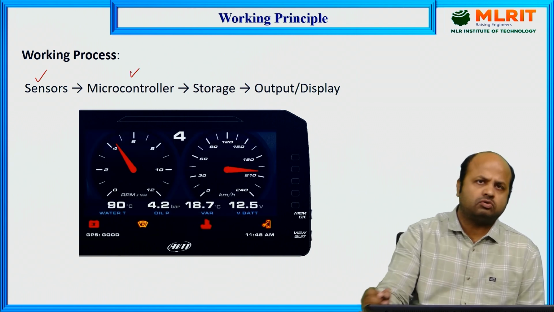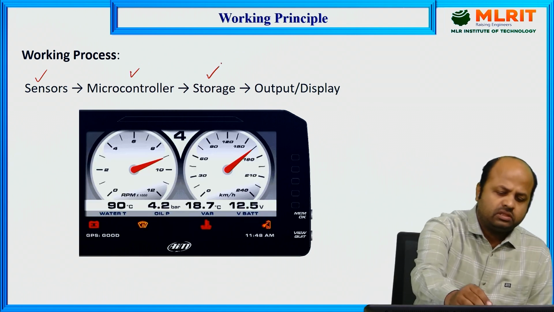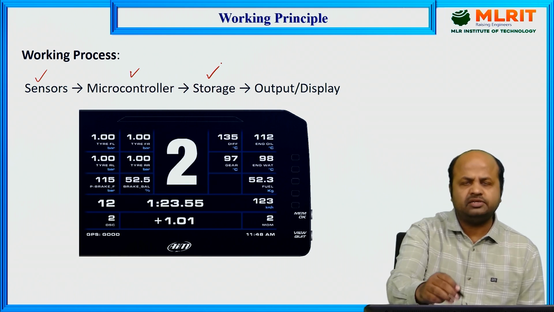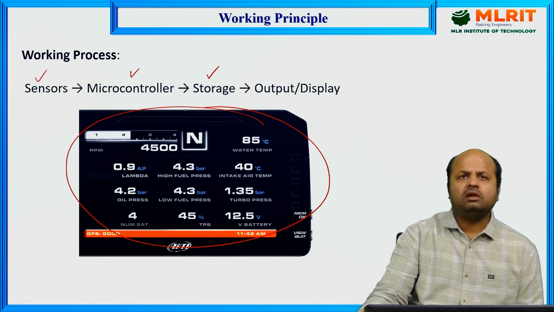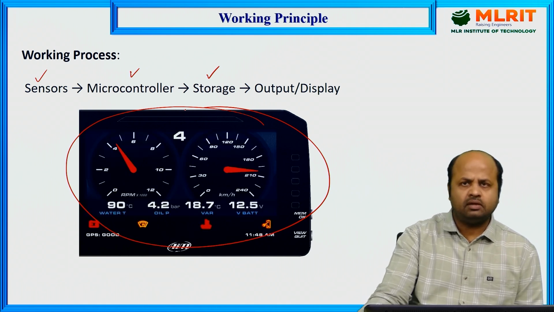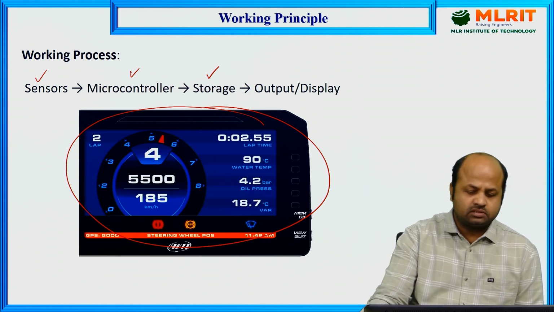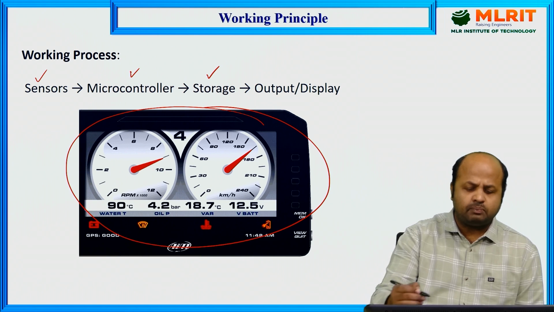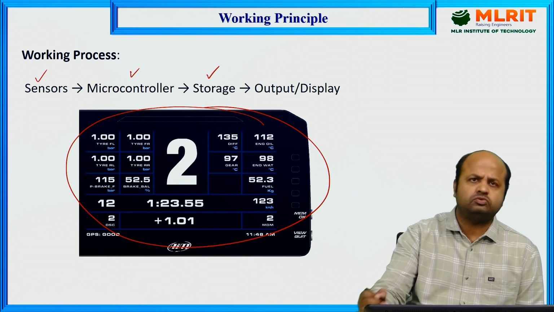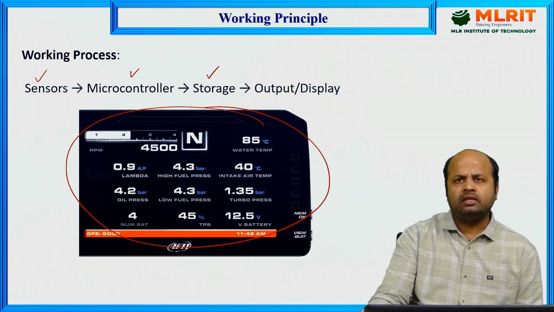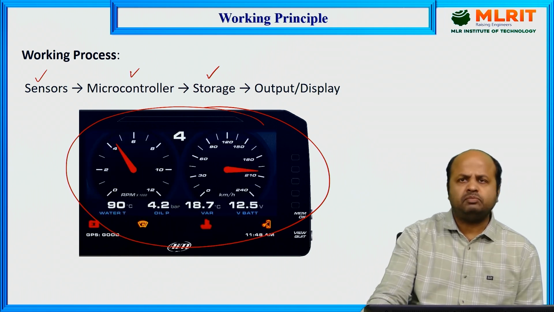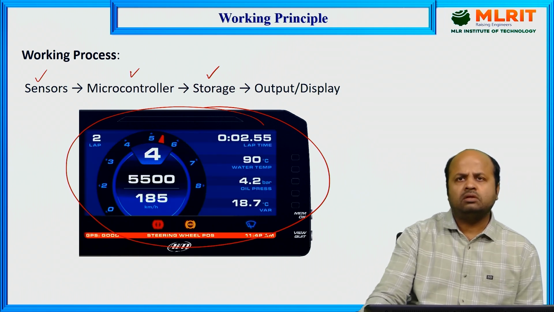From the microcontroller, the data is stored in the memory card, and finally it is displayed like this. This is the display panel of a bike, which is showing its temperature and oil pressure. Like that, we can use the display for a data logger, which will continuously show the parameters of a device.